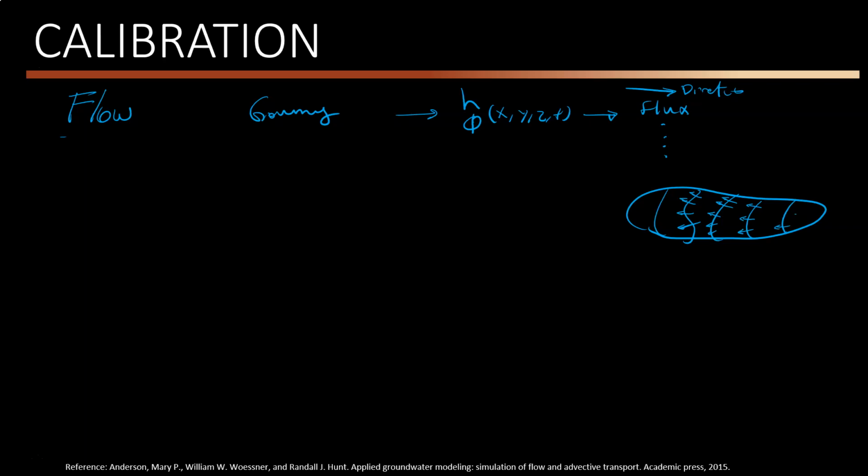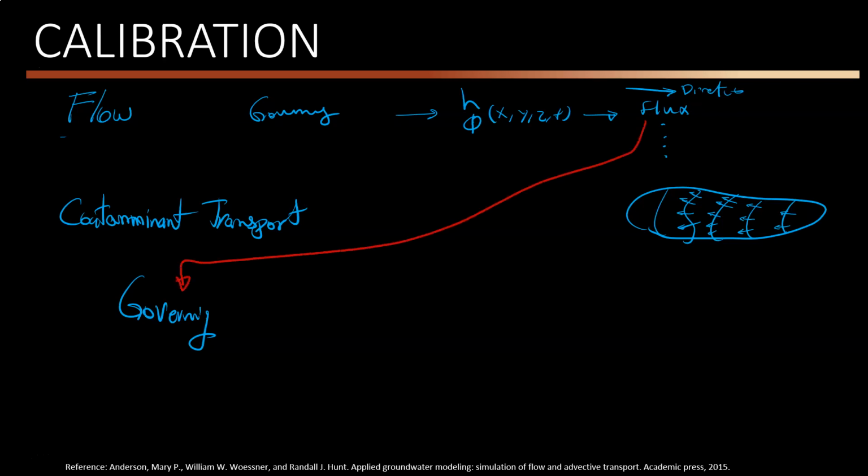But there's another group of problems which we call contaminant transport. Contaminant transport has its own governing equations, which take the flux and flow information, technically the velocity information, from the groundwater flow model and use it to solve how the contaminant changes at each x, y, z, and t.